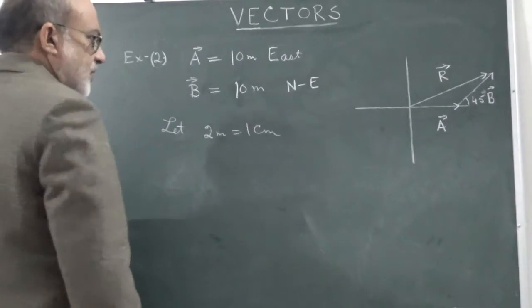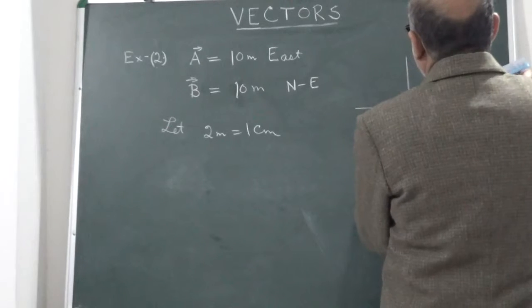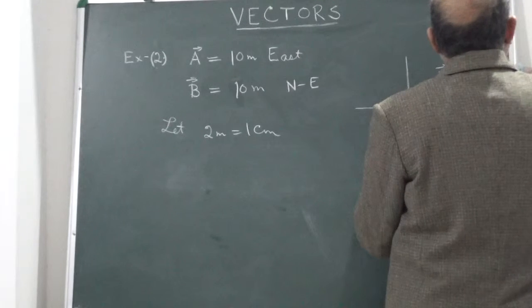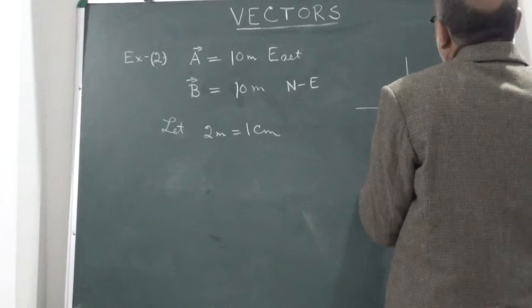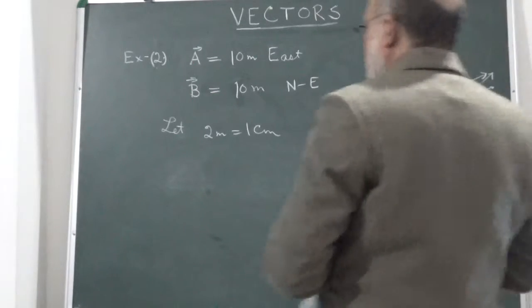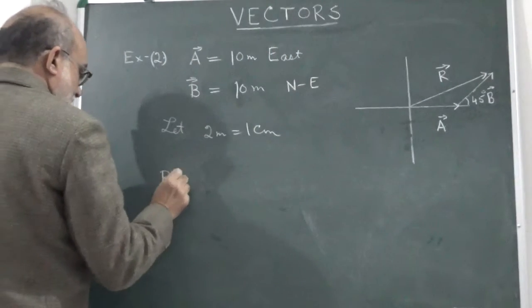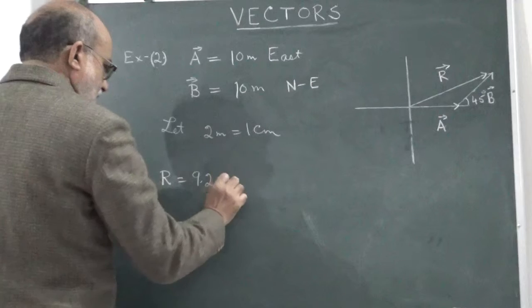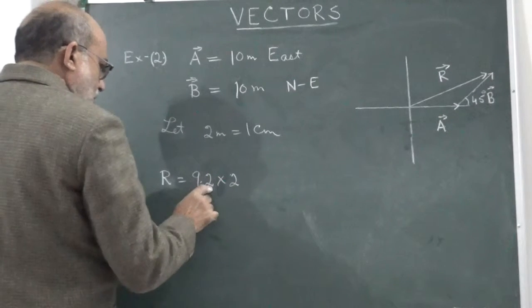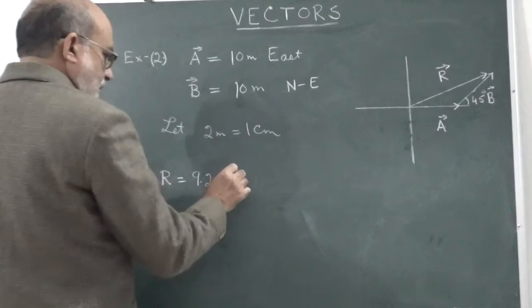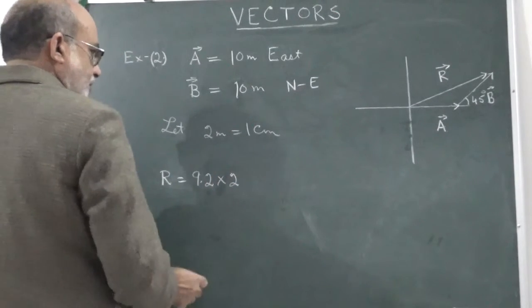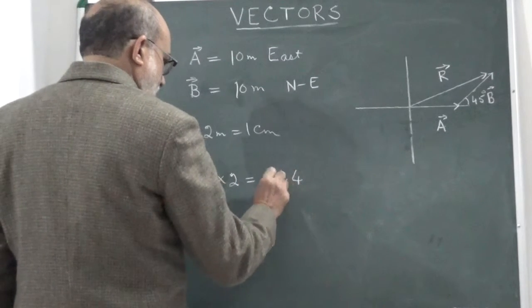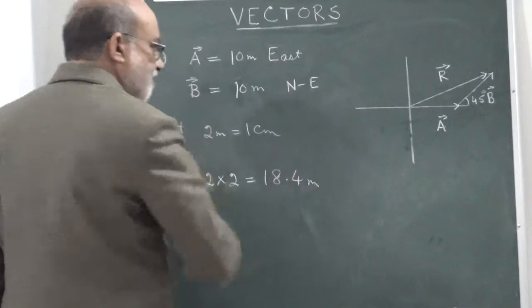So the length of the resultant is approximately 9.2 inches. So R is 9.2 into 2, since 2 meter is 1 inch on this scale, so it is 18.4 meter.